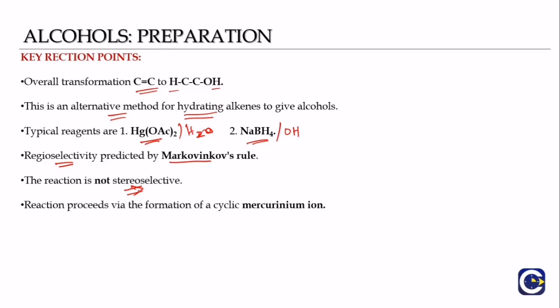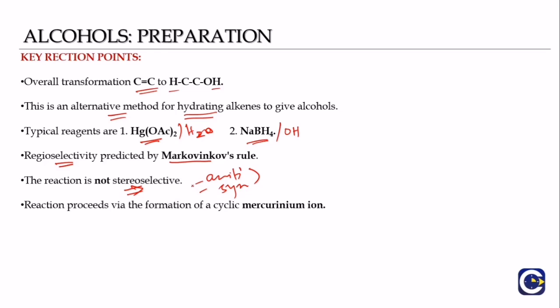Since in this reaction there is no stereoselectivity, we can get anti product and we can get syn product. Both are possible because there is rotation of the carbon sigma bond. So this is not a stereoselective reaction, meaning no product with a particular selectivity is obtained in excess.